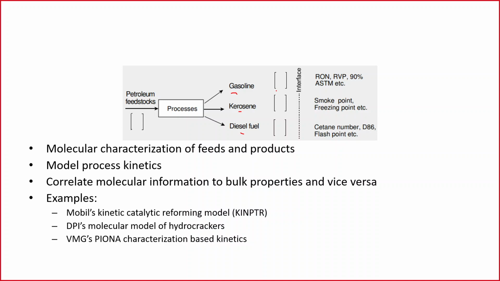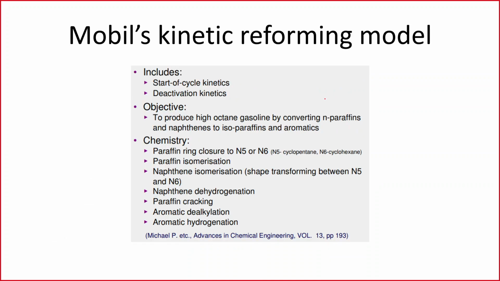This is as deep as they can go, and then they connect that information of the carbon numbers and the type of components, the PIONA, to the properties of that specific component.